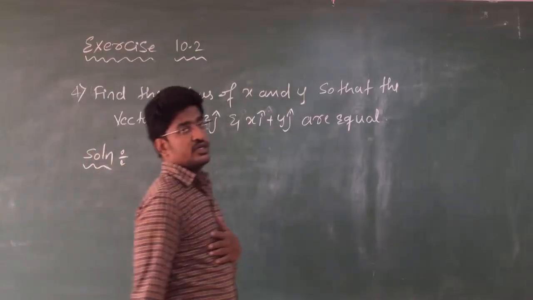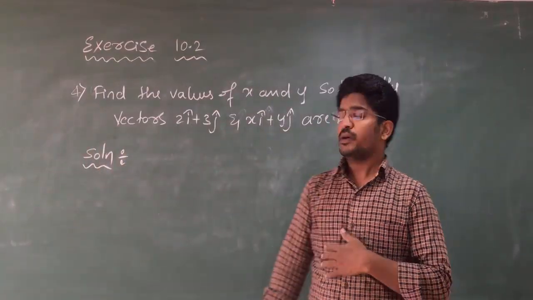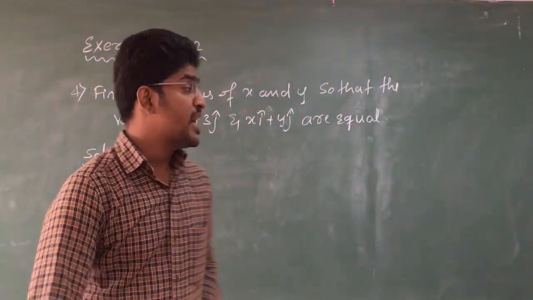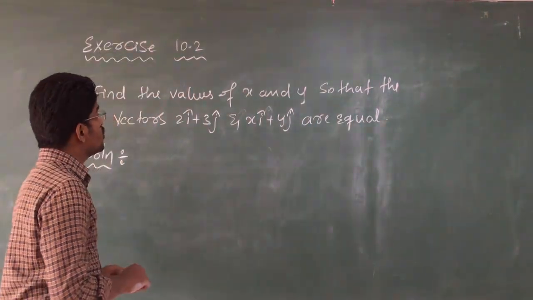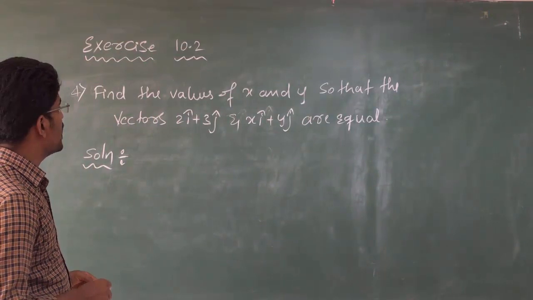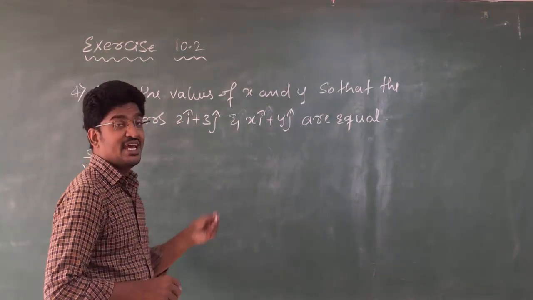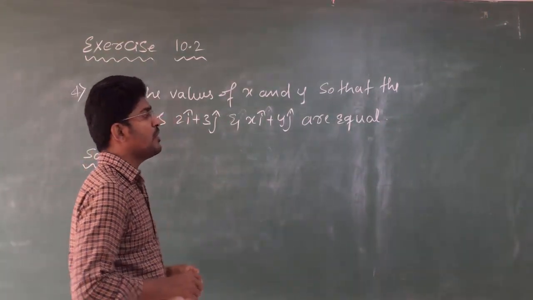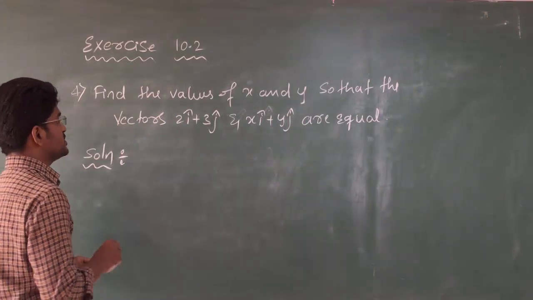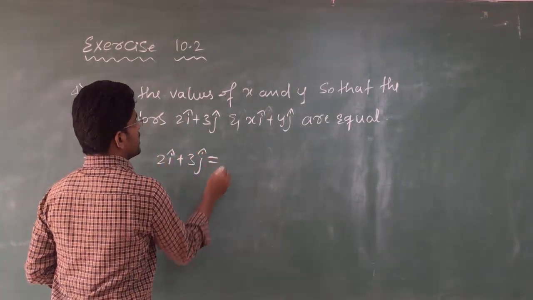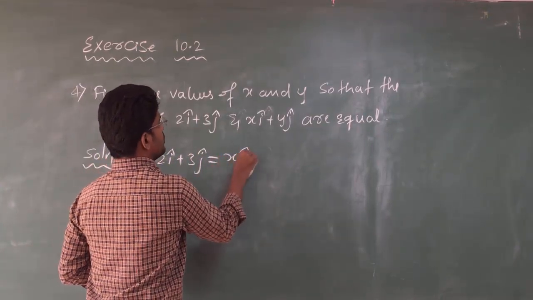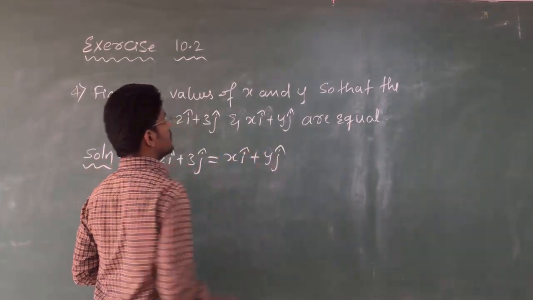Clear? Okay students, now let us go for the 4th problem, that is find the values of x and y so that the vectors 2i cap plus 3j cap and xi cap plus yj cap are equal. That means 2i cap plus 3j cap is equal to xi cap plus yj cap. Clear?